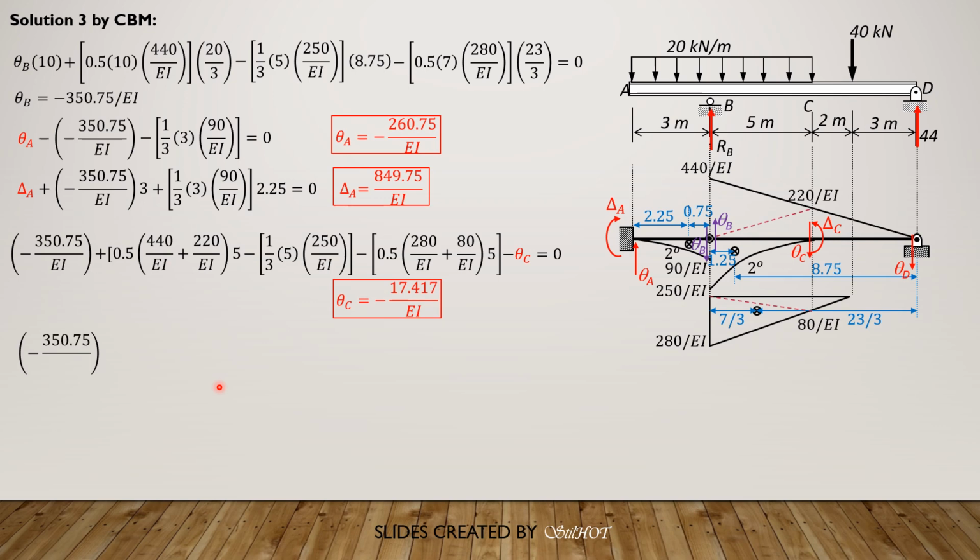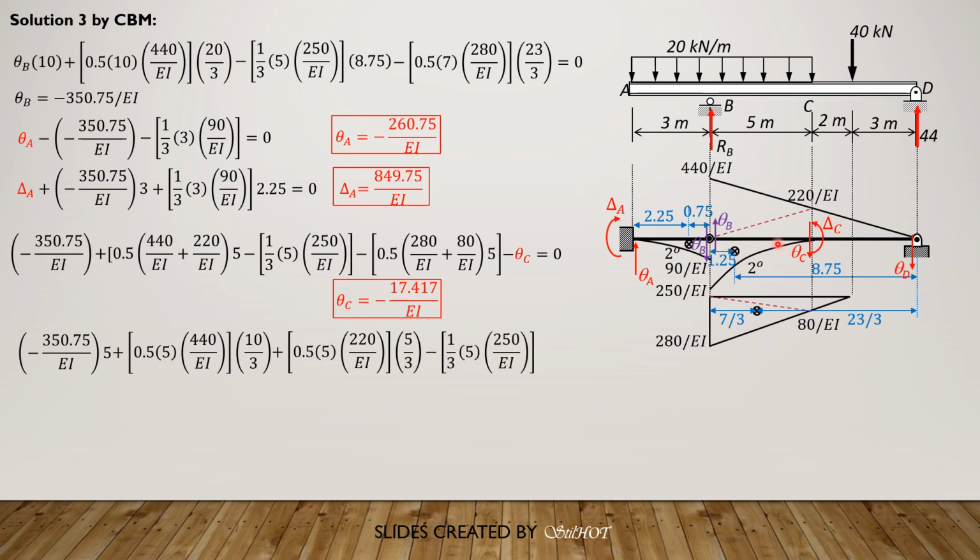Then summation of moment about C equals 0, so theta B times 5, so negative 350.75 over EI times 5. Then this triangle here, plus 0.5 of 5 times 440 over EI times 10/3, 2/3 of 5, plus 0.5 of 5 times 220 over EI times 5/3, then minus 1/3 of 5 times 250 over EI times 3.75, 5 minus 1.25, minus the moment of this triangle, 0.5 of 5 times 80 over EI times 5/3.